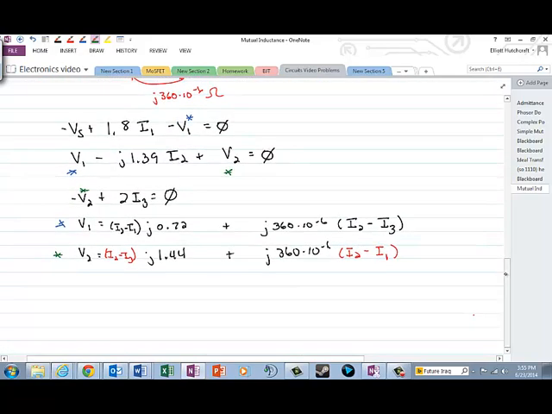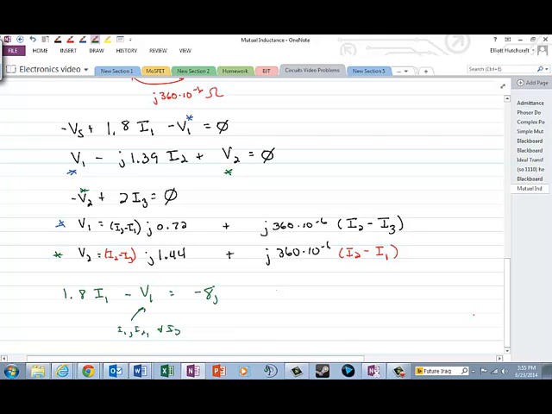Once I do that, I'll have basically 1.8 I1 minus V1, which will be in terms of I1, I2, and I3, equal to Vs, which is minus 8J.